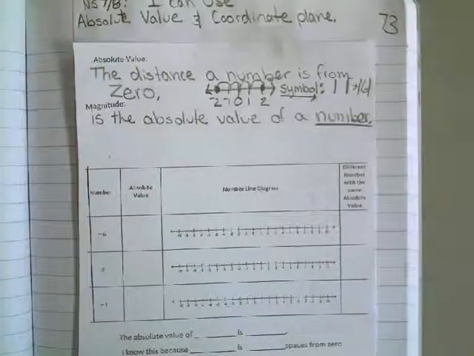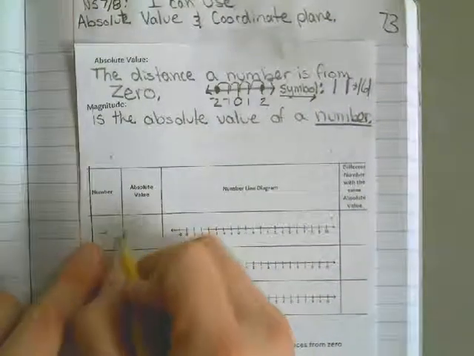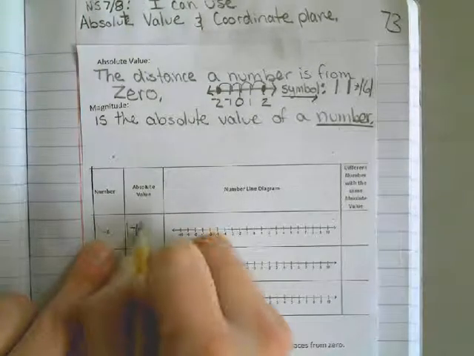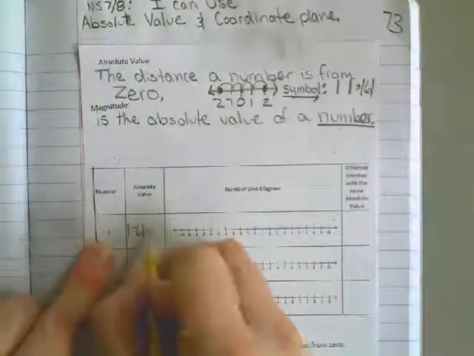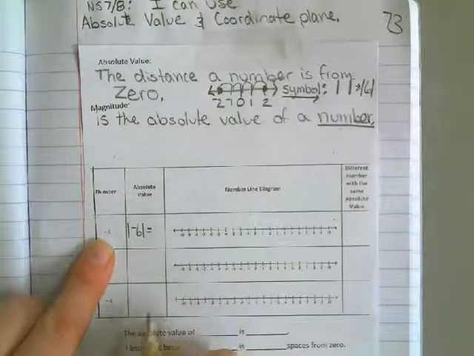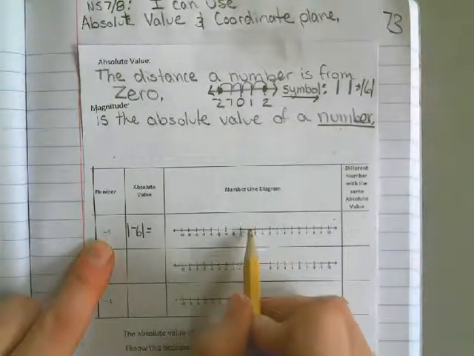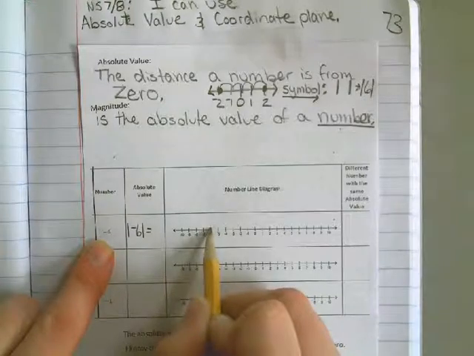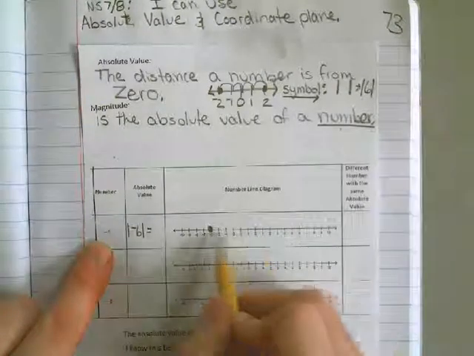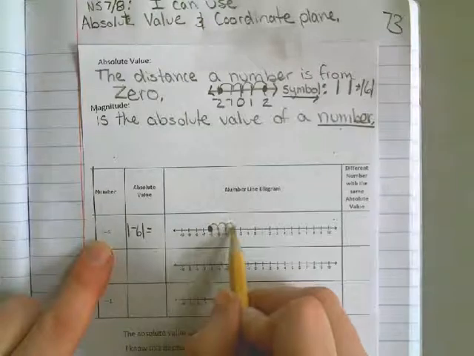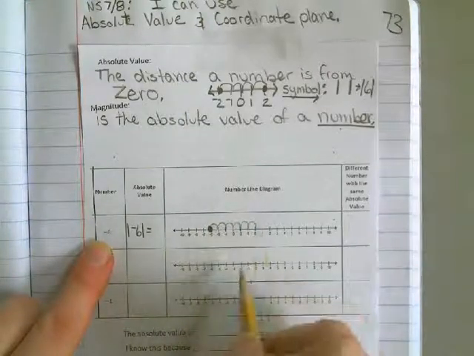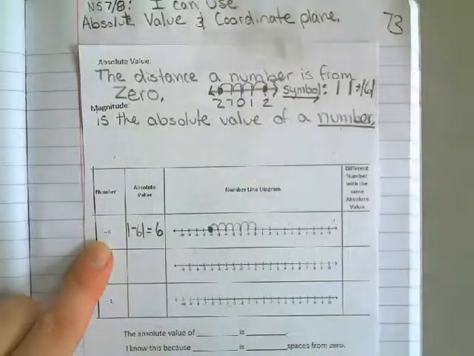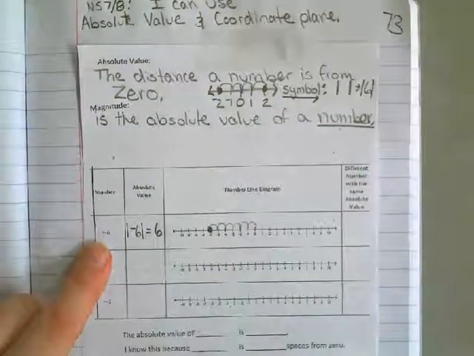Okay? So if we look here, we want to do the absolute value of -6. We would put -6 inside those bars. Okay? And the absolute value of -6, well, let's figure it out here. We have 0, and we have -6 right here. Okay, so that's 1, 2, 3, 4, 5, 6 spaces. So the absolute value of -6 is 6, because it's 6 spaces from 0.